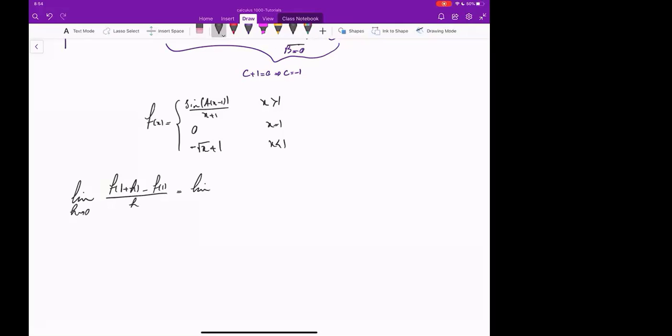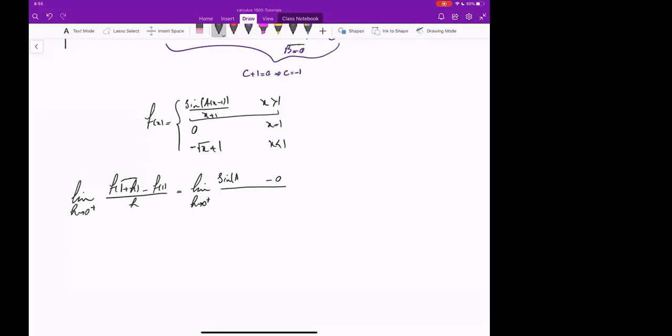This is limit of f of 1 is 0. How about I just go one-sided for this one? Just make everything nicer. When h is a positive number, you add a positive number to 1. It's going to be a number bigger than 1. So I can use this formula here.